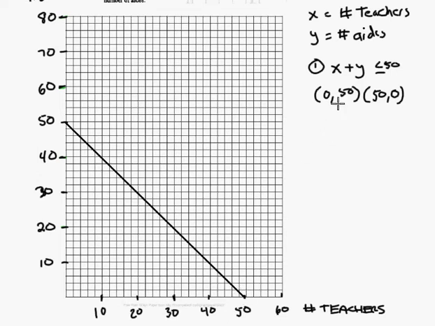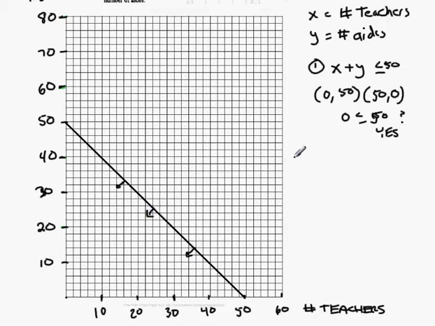And if I pick 0, 0 as my test point and plug that in for X and Y, 0 plus 0 is 0. Is 0 less than 50? And the answer is yes. So I'm going to shade on this side of the line, and I do this by indicating arrows.